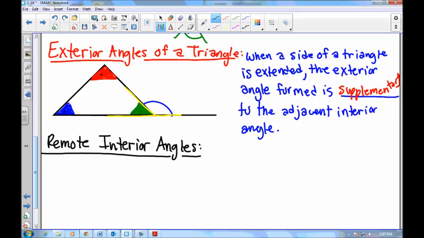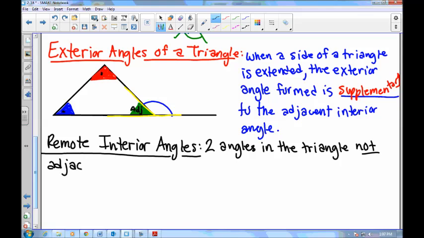So remote interior angles are the 2 angles in the triangle that are not adjacent. Remember this guy? This is the adjacent one. Not adjacent to the exterior angle. So they are the two angles in the triangle not adjacent to the exterior angle.